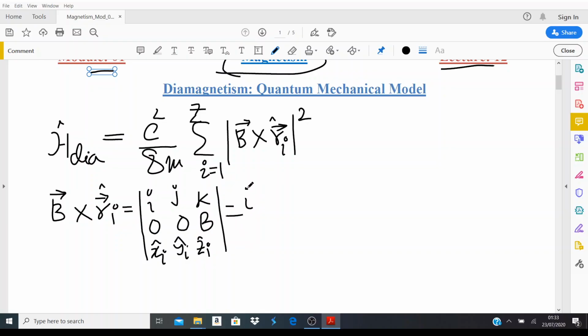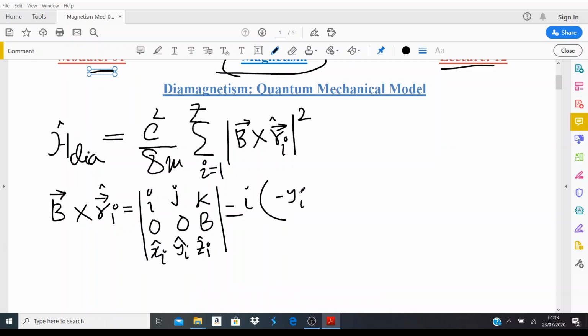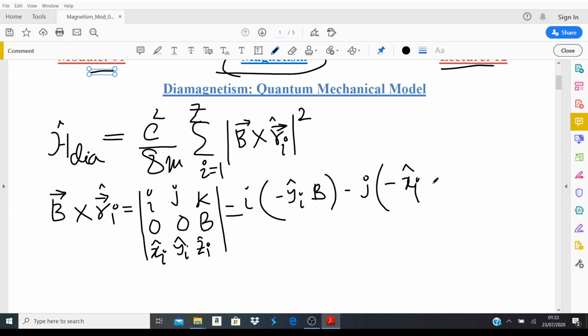Let's evaluate the components of this vector. For i, we have minus yi times B, and for j, minus is the convention we know. For j, this is another minus xi times the magnitude of the magnetic field, right?